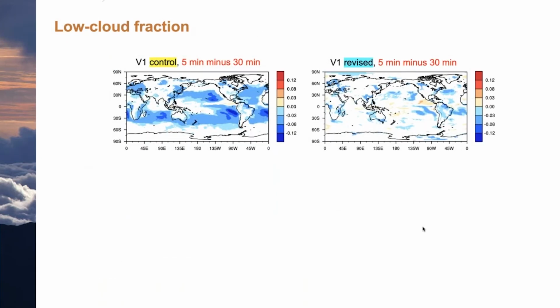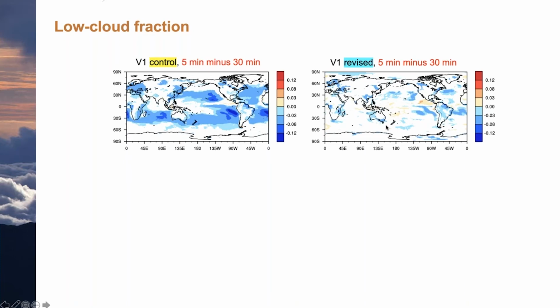So the first quantity I wanted to show you is low cloud fraction. Here in the left panel, we see the time step sensitivity in the V1 control model. Again, we see significantly decreased low cloud fraction when we shorten the step size. And in the right panel, you see the time step sensitivity after our revision.